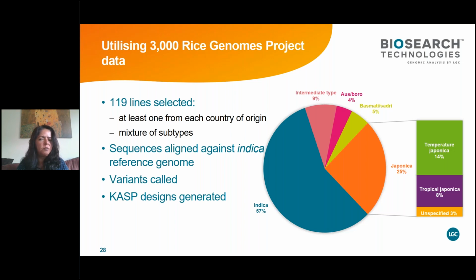We aligned the sequencing from the project with 119 different varieties, which included at least one from every country. We incorporated different types of rice, including intermediate types, basmati and japonica. And in this example, we actually used the updated indica reference genome, which is R498.